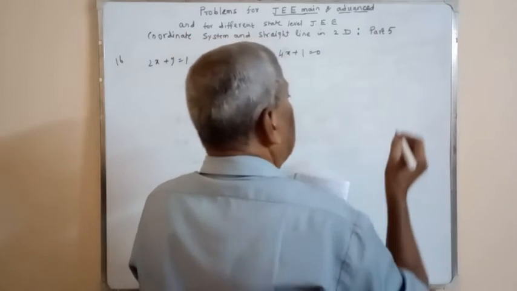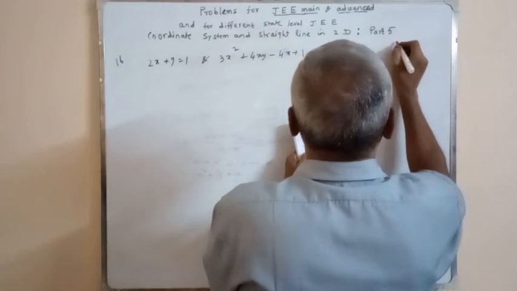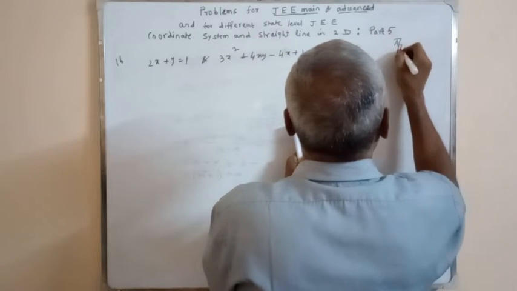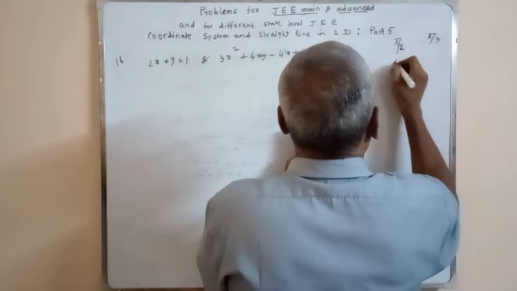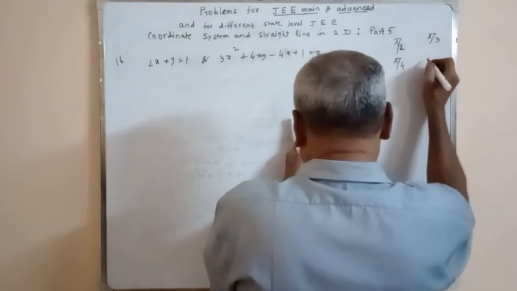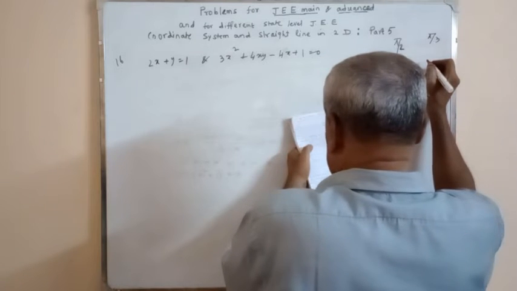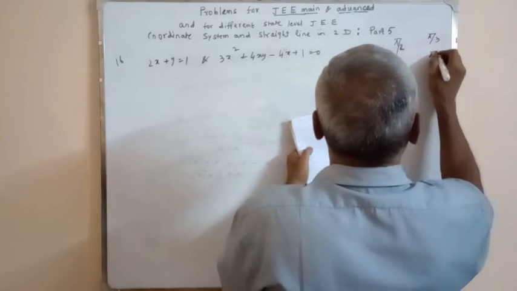The options are pi by 2, pi by 3, pi by 4 and pi by 6.